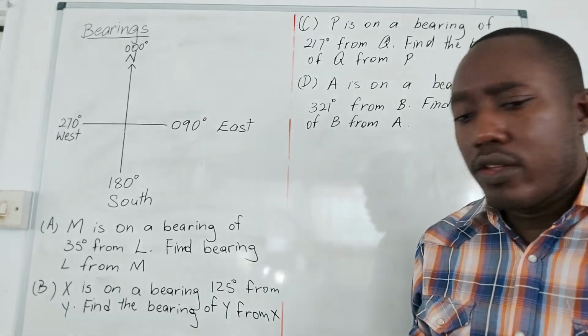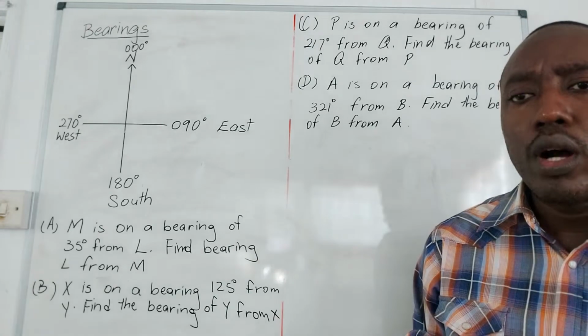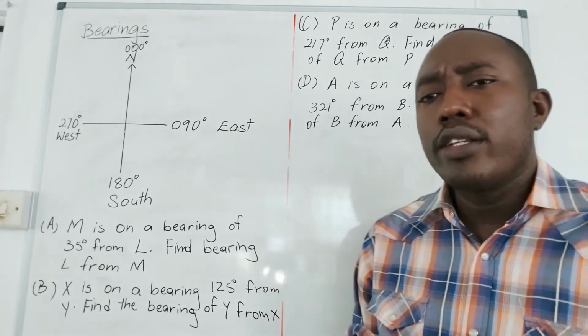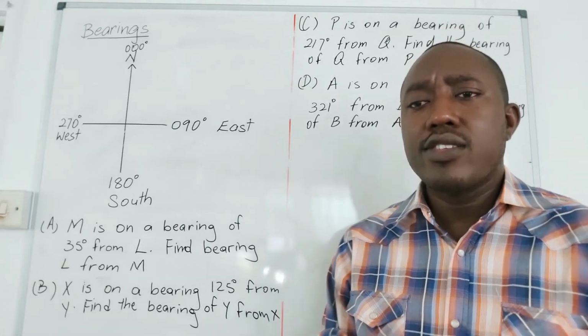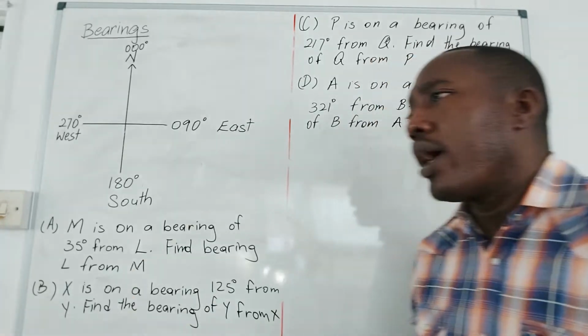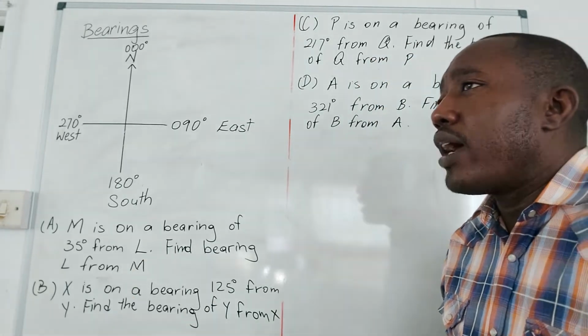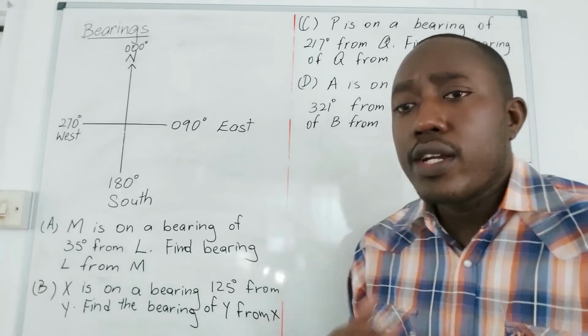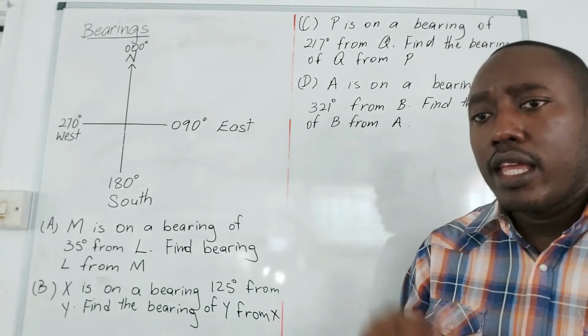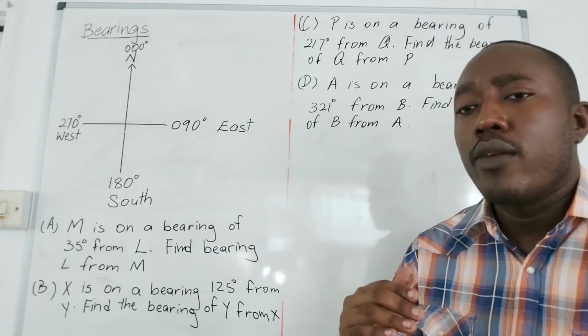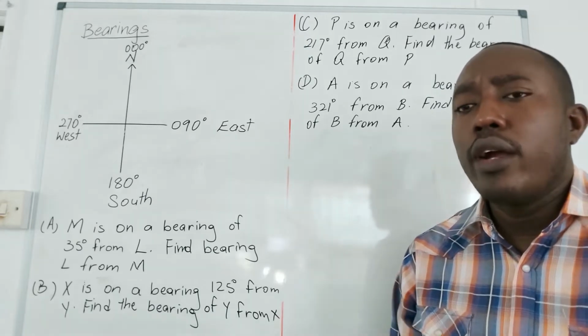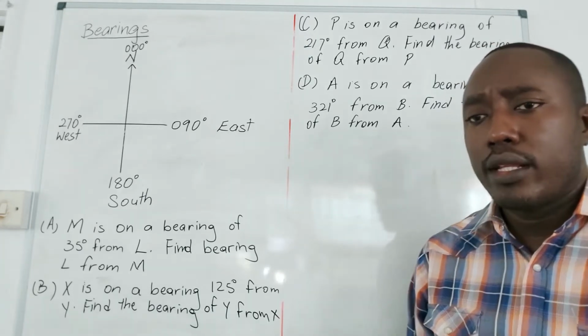Now, let us use an everyday example. Let's say your friend wants to come by you and they want to know where you live, and they're asking you for directions. How do I find where you live? The first thing you will ask them is where they are. Where are you located?